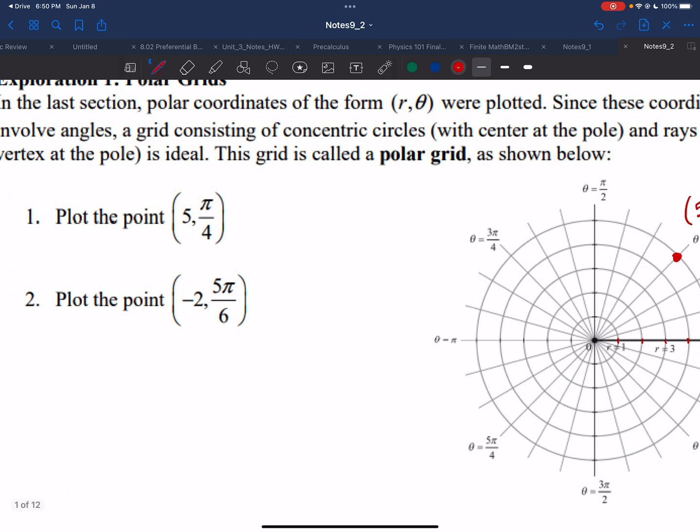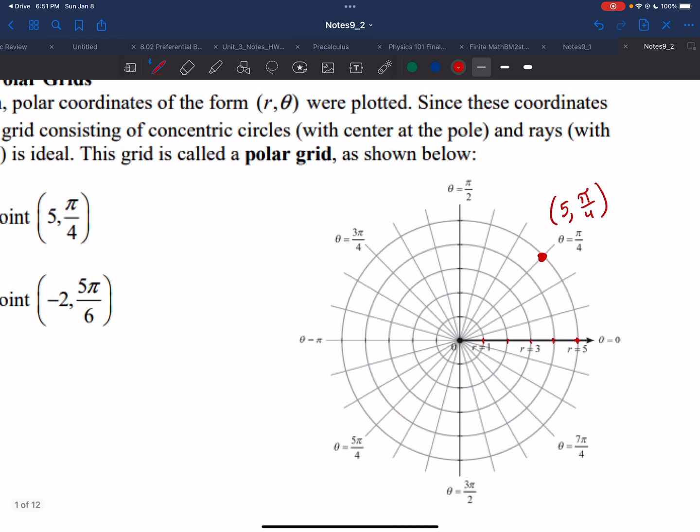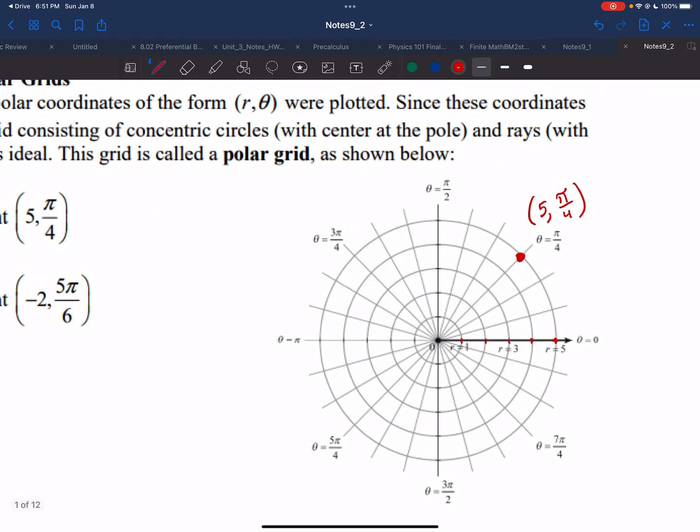And then this one, I'm plotting -2, 5 pi over 6. Normally, 5 pi over 6 is this one.